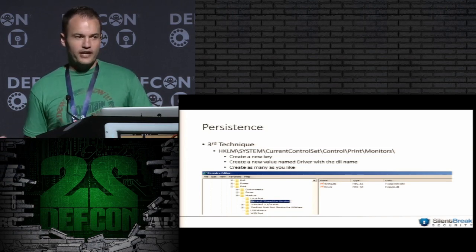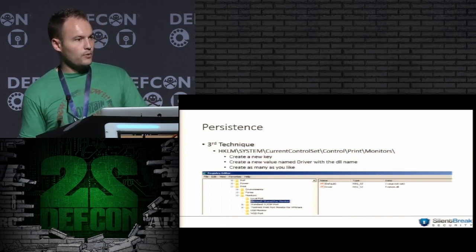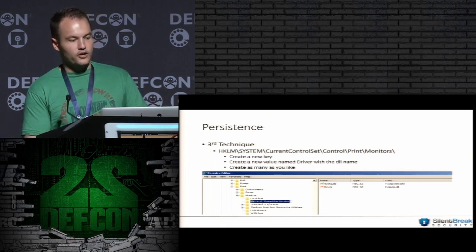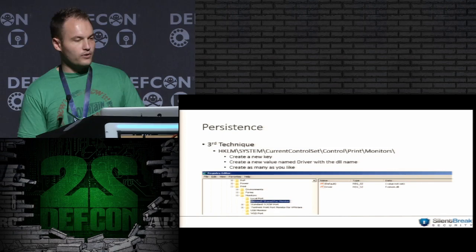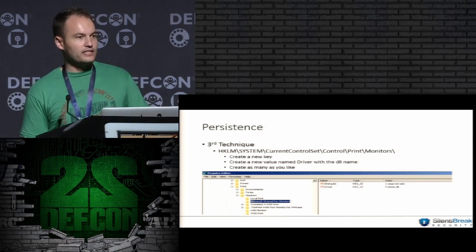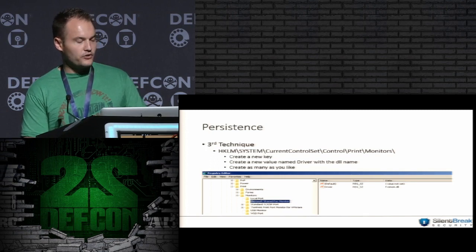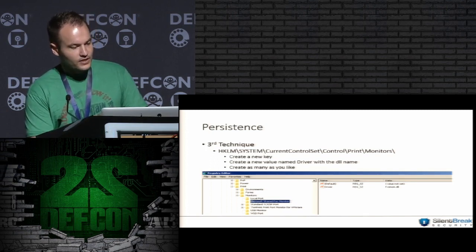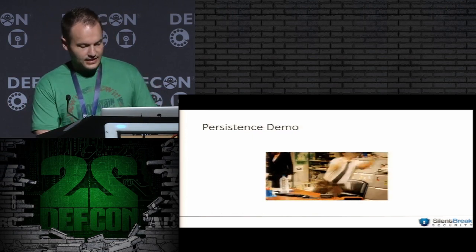The upside is you can create as many as you want. If you want multiple DLL persistence, you create multiple keys, each of them with a value of Driver, each of them specifying a DLL, and at boot, as many DLLs as you want to run will be executed by the print spooler. So, I think it's time for some demos.